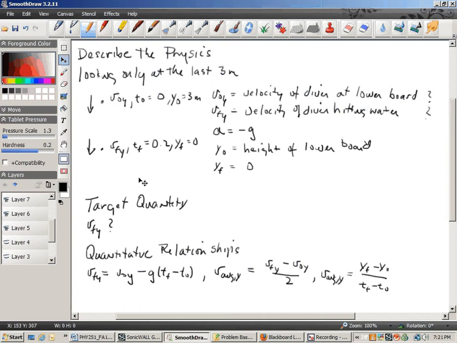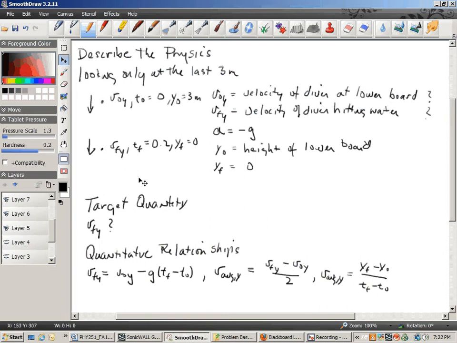Well, we need a relationship with the final velocity hitting the water, the velocity of the diver at the lower board, the final time, the initial time, and gravity. And our first relationship is vfy equals v0y minus g times the final time minus the initial time.